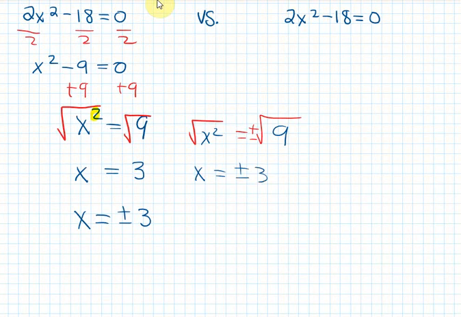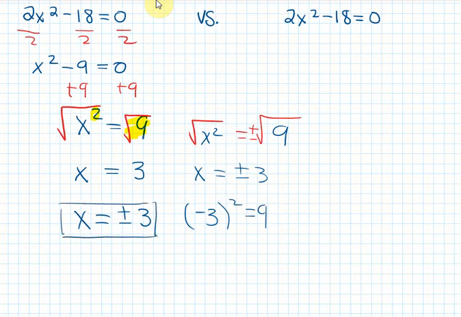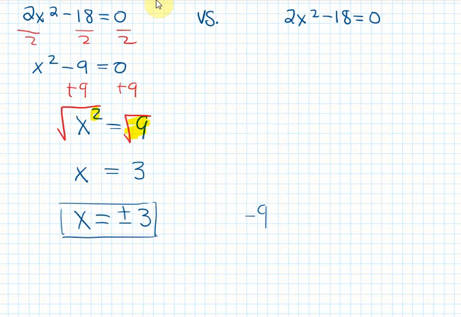So depending on the algebra course you're taking, and the reason it can be positive 3 or negative 3 is because the square root of 9 is obviously 3, but it can also be negative 3 because negative 3 squared also gives you 9. So if you want to just be safe, you can just put x equals plus or minus 3. Now the other way you could have done this problem is, we'll look here on the right side.